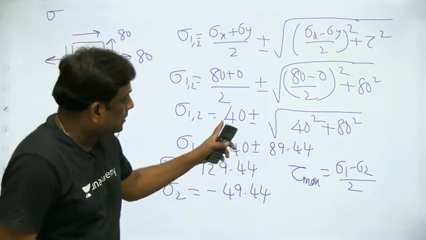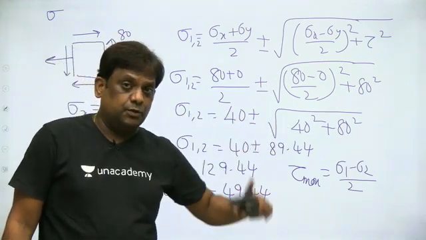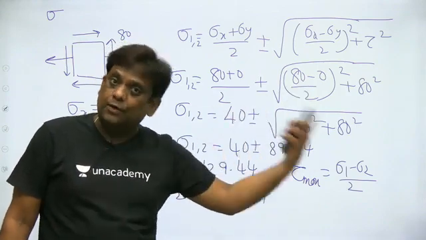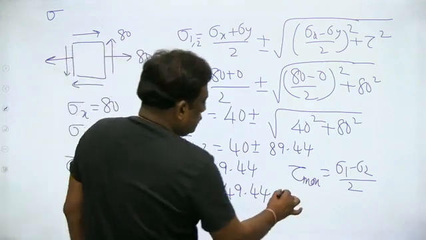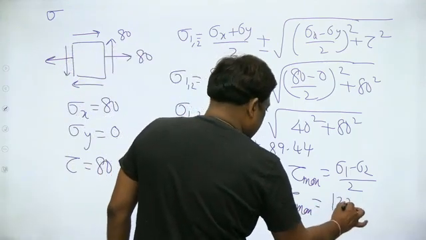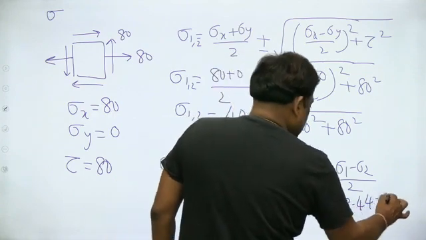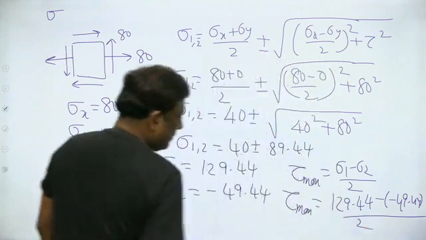Whenever both are of the same nature, then you have to calculate from sigma 1 by 2 and sigma 2 by 2. But already both are of opposite nature. So the maximum shear stress is given by sigma 1, 129.44, minus sigma 2, minus 49.44, by 2.